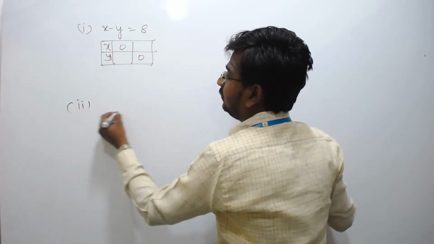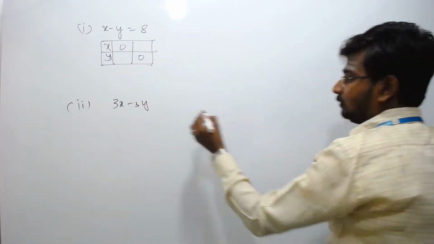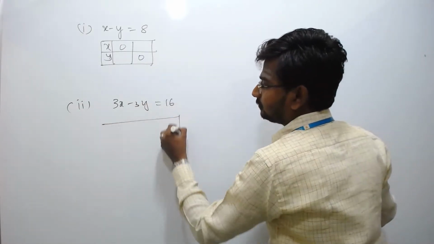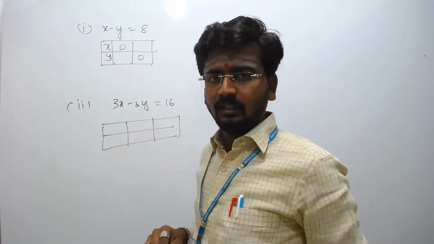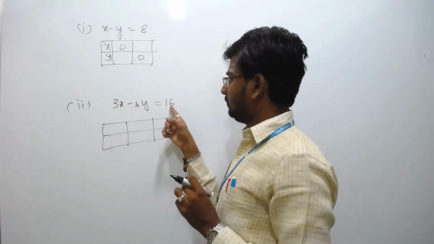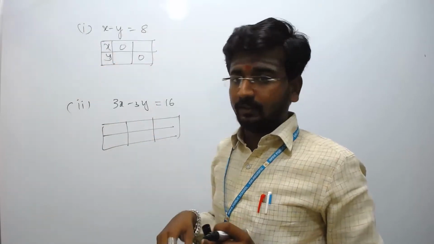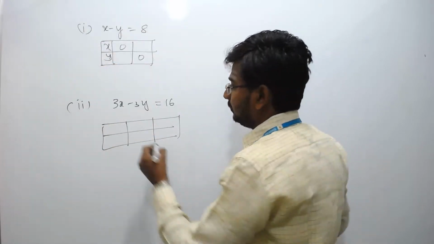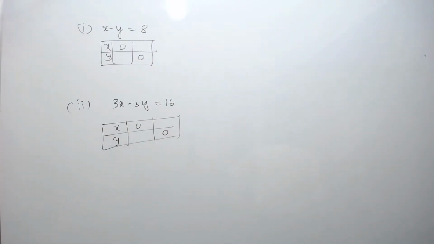And even for 3x minus 3y is equal to 16, you may get one decimal value. One decimal value is enough so that I can represent it on the graph sheet. Some people choose x and y values in such a way that when I subtract from 16, it should be divisible by 3. Even that is one other way. You can go for one decimal value. Again x is 0, y is 0. Anyone?